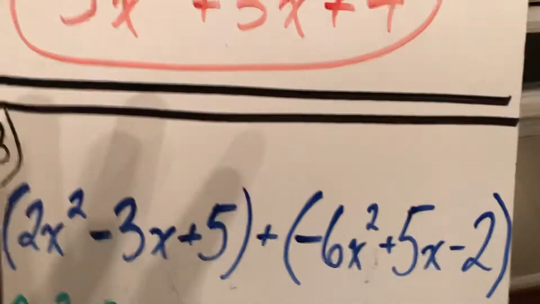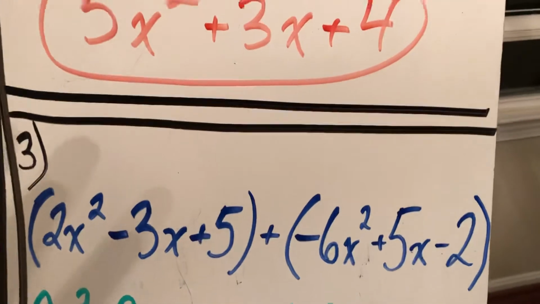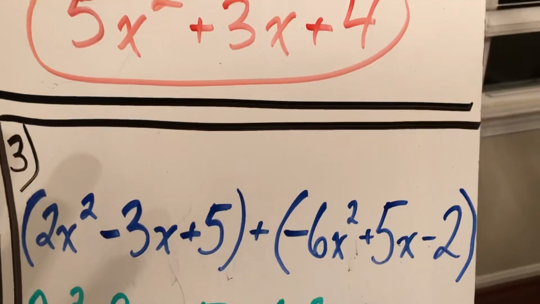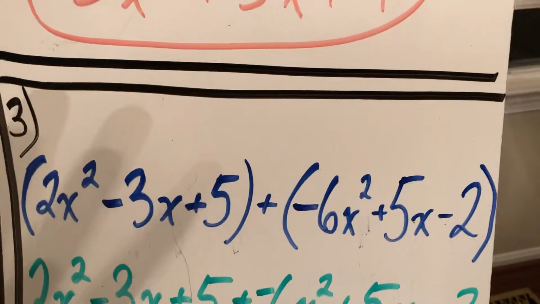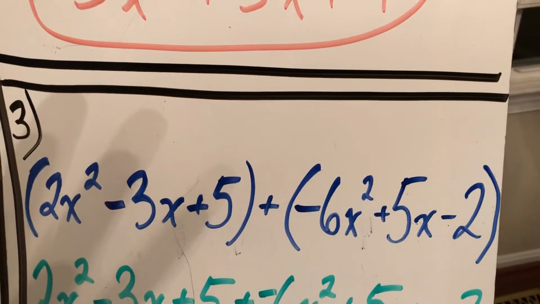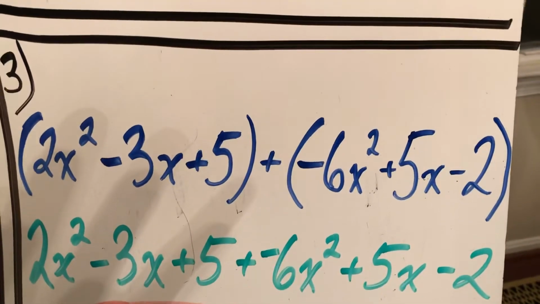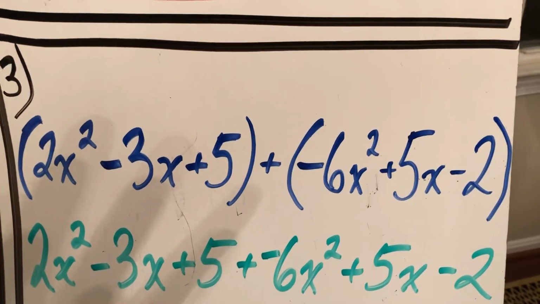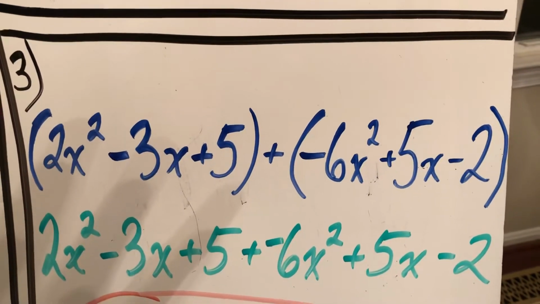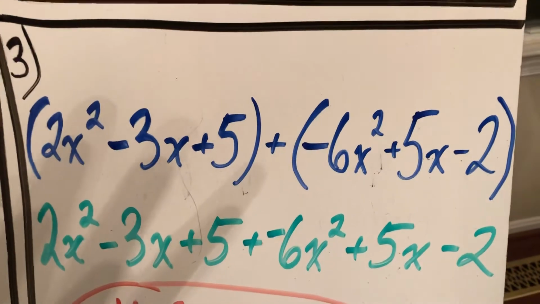How about here? Oh, we've got some negatives. Oh, don't be afraid of the negatives. So I'm going to take the parentheses away. 2x squared minus 3x plus 5 plus negative 6x squared plus 5x minus 2. Okay.